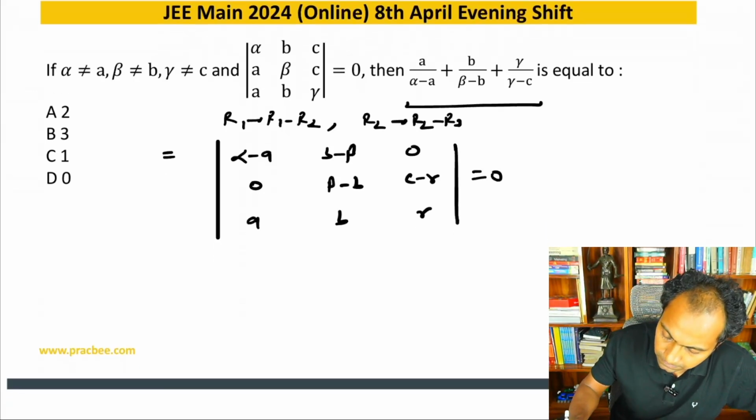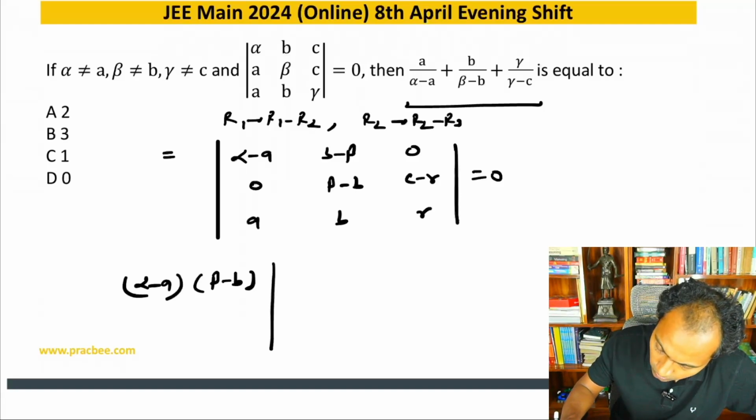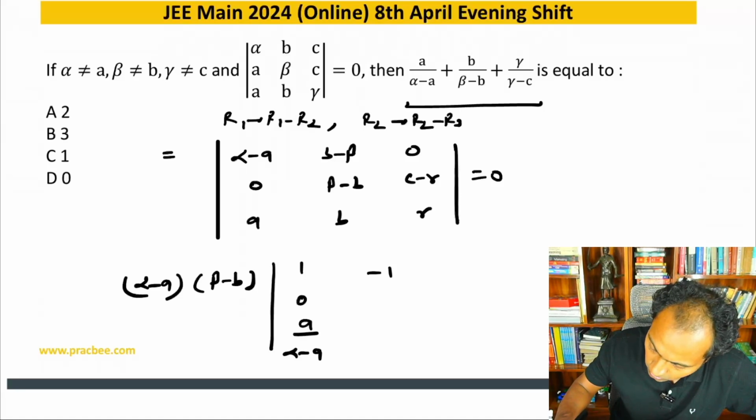Now in the next step we can take alpha minus a and beta minus b common, and if I do so, the same expression reduces itself into 1, 0, a upon alpha minus a; minus 1, 1, b upon beta minus b.